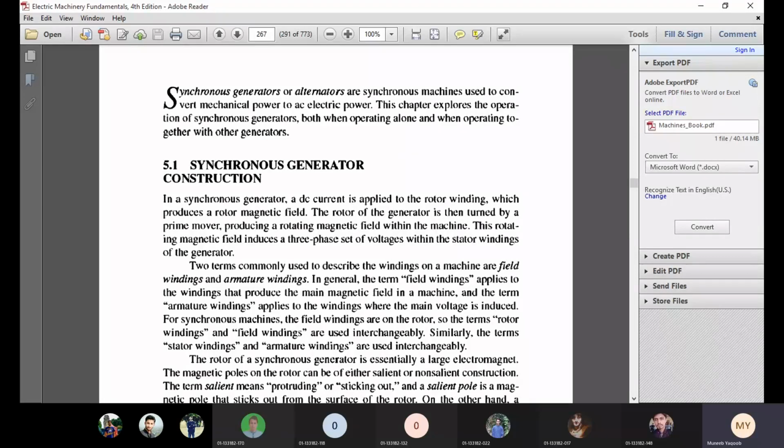So this fixed DC source establishes a magnetic field at the rotor's winding. Now this rotor is being rotated by a prime mover. Anything that would rotate the rotor of the generator would be named a prime mover.